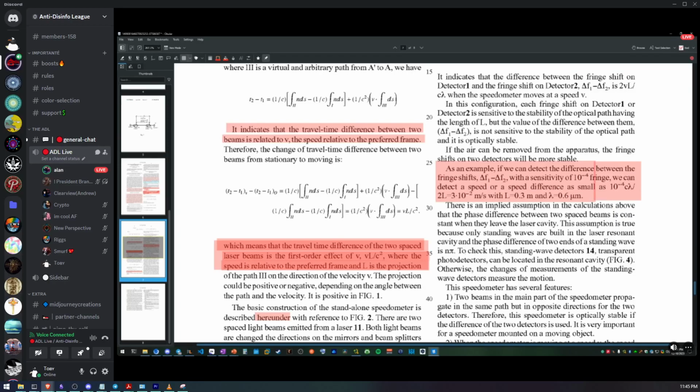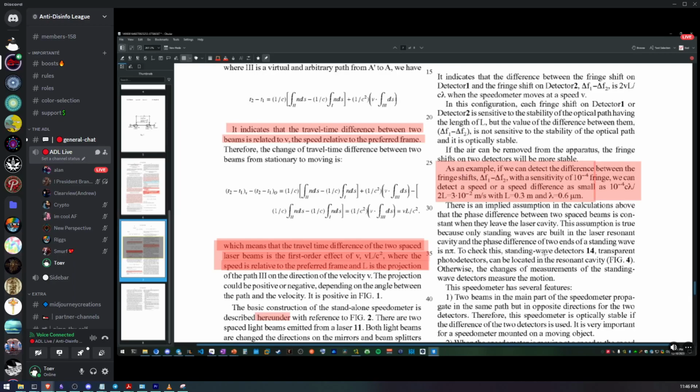To check the standing wave, transparent photodetectors can be located in the resonant cavity. Dude, shout out to resonant cavities, Toby. Otherwise, the changes of measurements of the standing wave detector measure the motion. Detectors measure the motion.